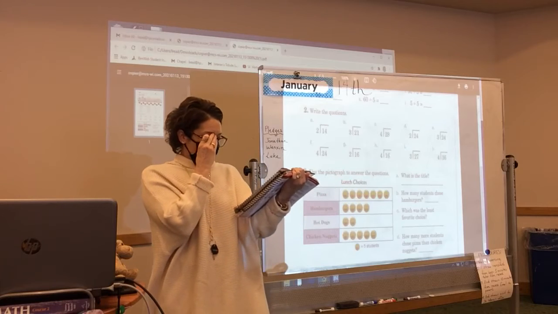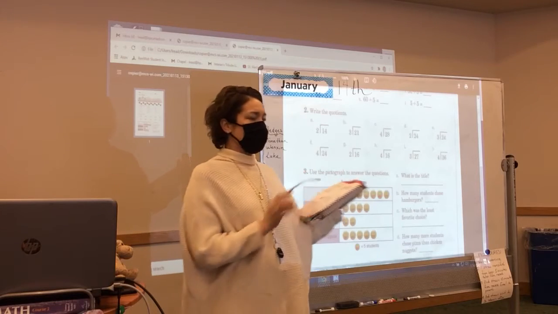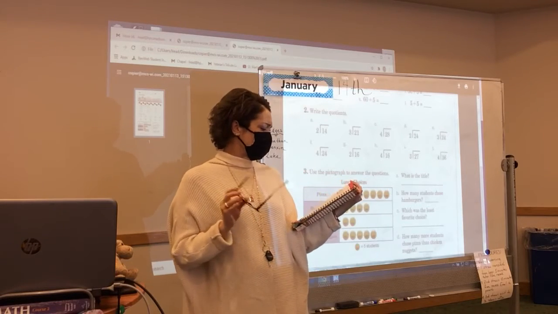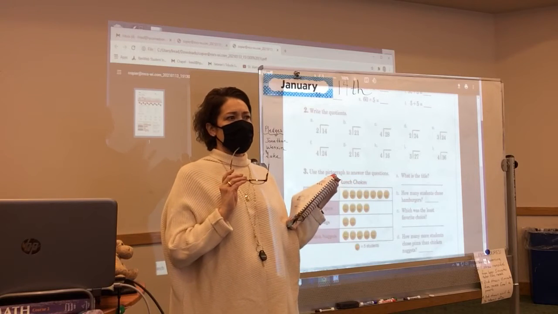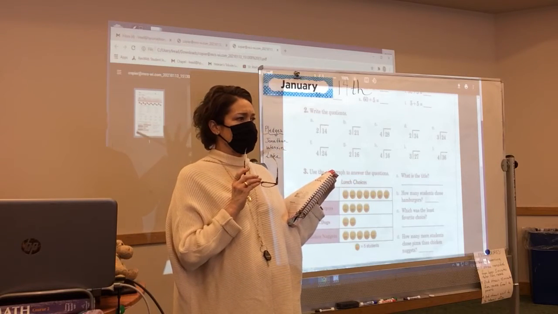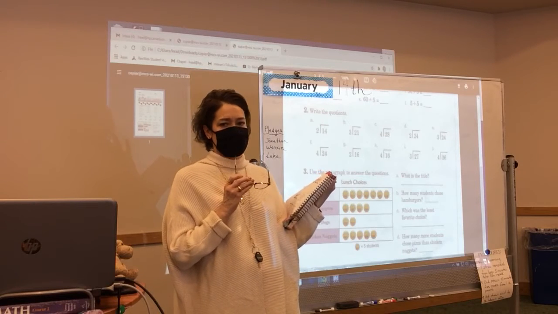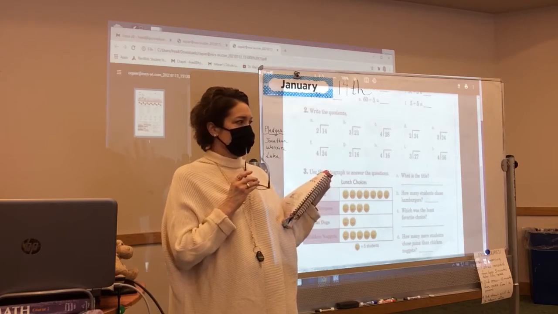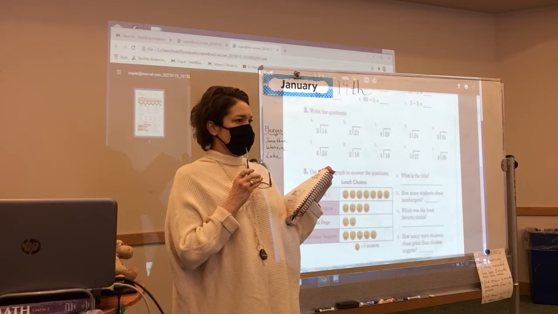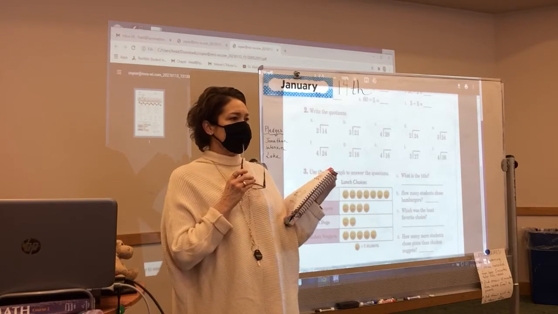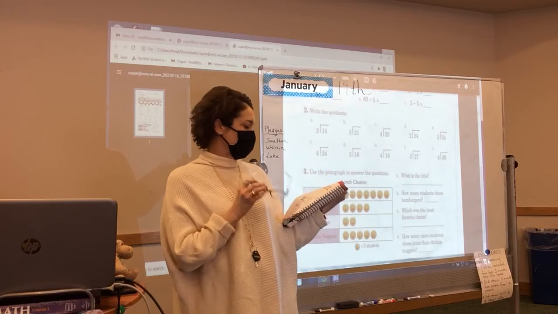So, what would you say by our pictograph is the least favorite? Everyone's hand should be up. Look at the pictograph and find the answer. Luke, what is the least favorite?